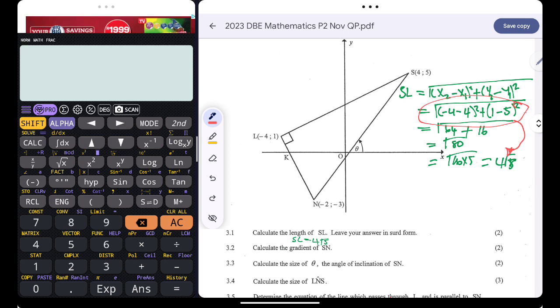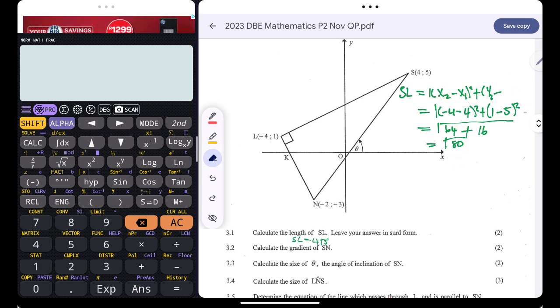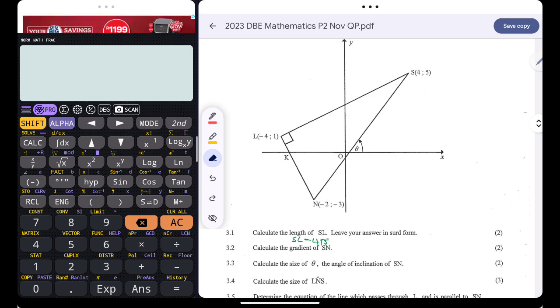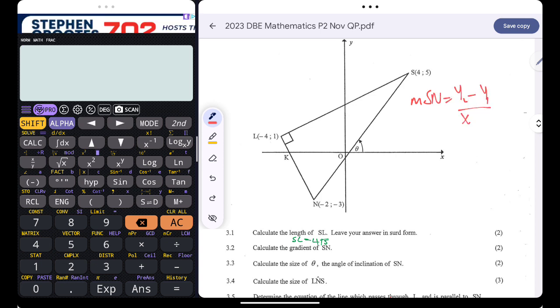Second question, they want me to find the gradient of line SN. M of SN is equal to y2 minus y1 over x2 minus x1.